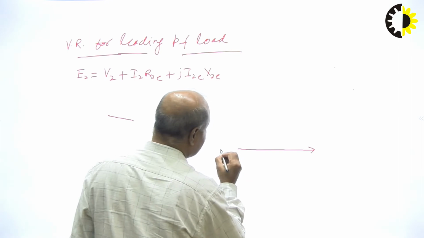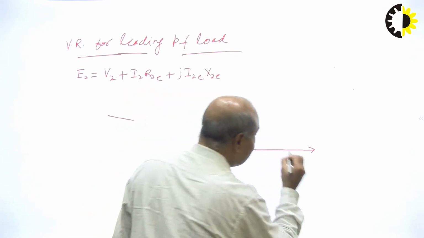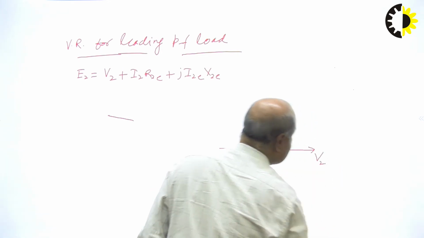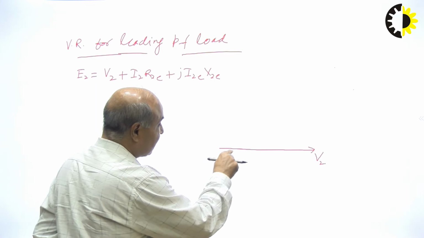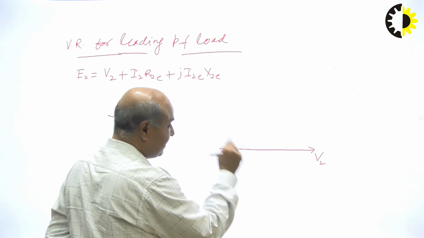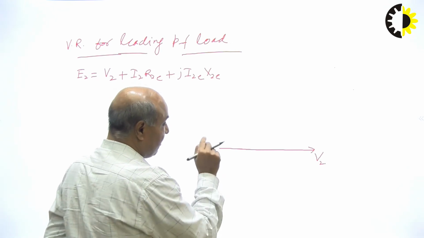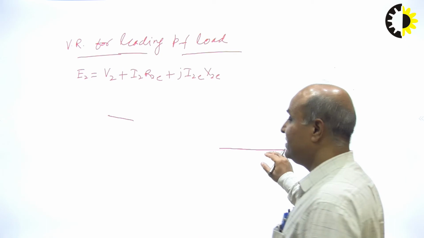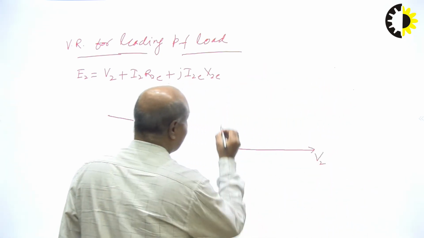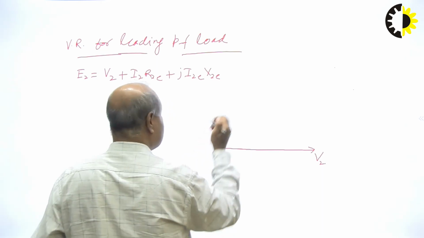For lagging power factor we drew the current below the reference voltage. When it is leading power factor, the current will be above this reference line, and suppose our current is here.